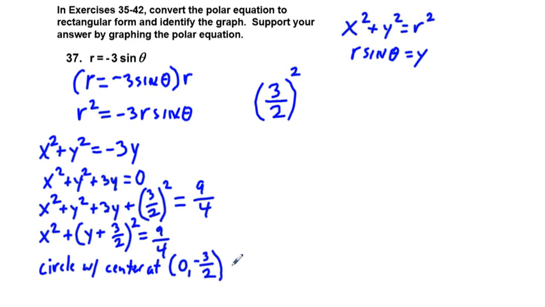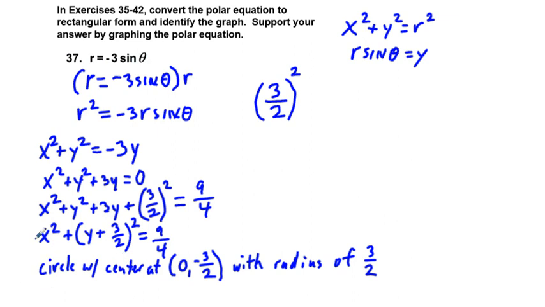That's where the center is going to be, with radius of, what's our radius going to be? Remember, we have r squared. Well, the radius, if r squared is the right side of the equation, r is going to be this 3 over 2. So radius is going to be 3 over 2, which means that the diameter is going to be 3, which I hope will help us when we graph this equation.